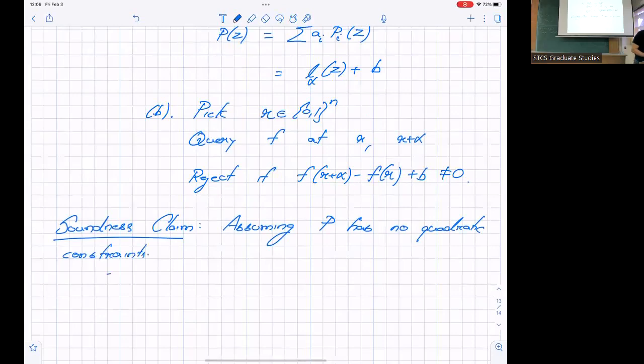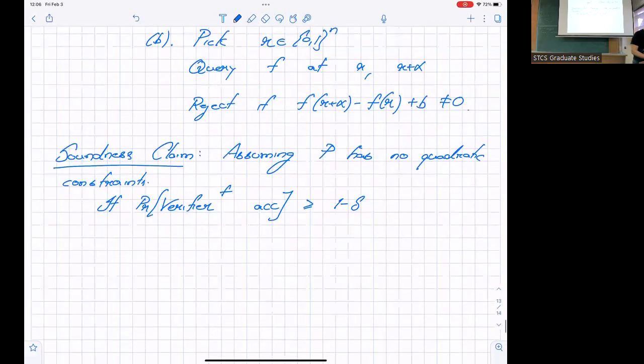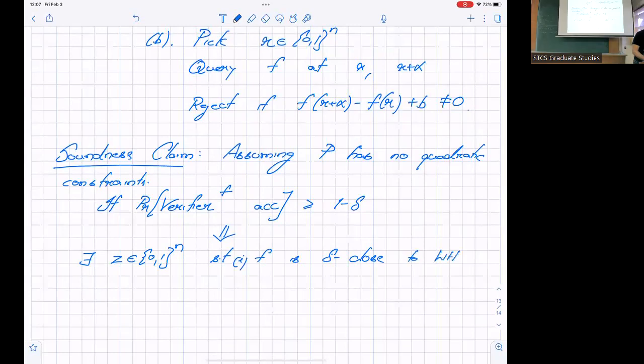I want to say that if the probability that the verifier accepts when it accesses the function f is greater than 1 minus delta, then, as Mrinal was trying to say, there exists a Z in {0, 1}^n such that two things happen. One, f is delta-close to the Walsh-Hadamard encoding of Z, that is, f is delta-close to L_Z.